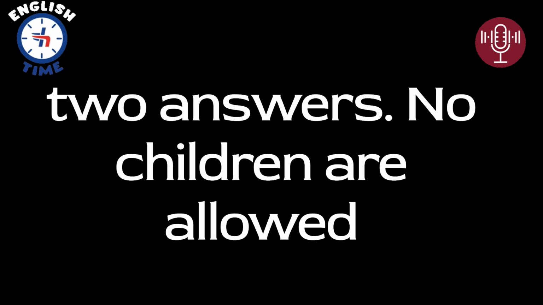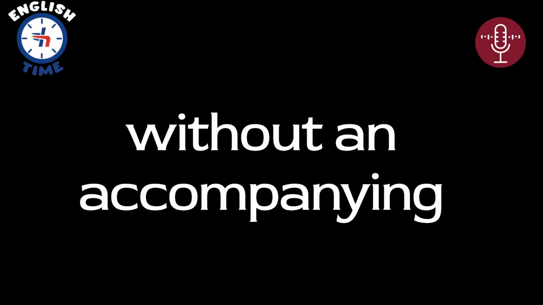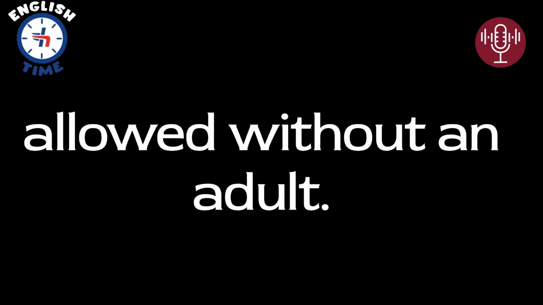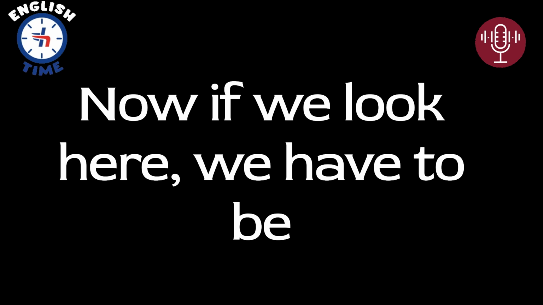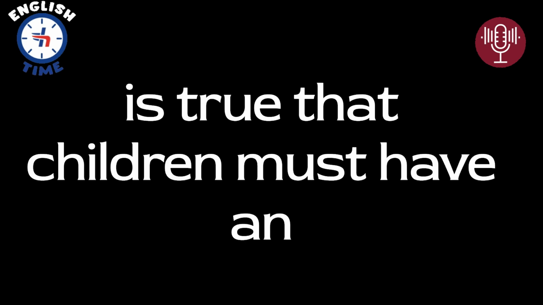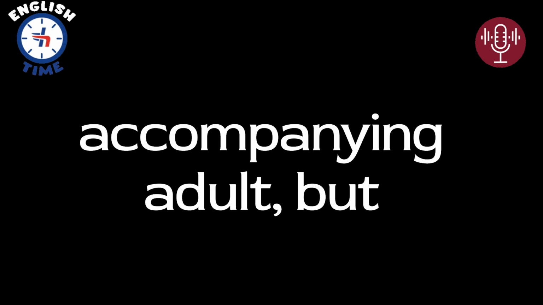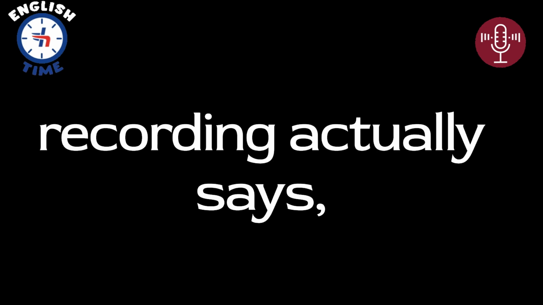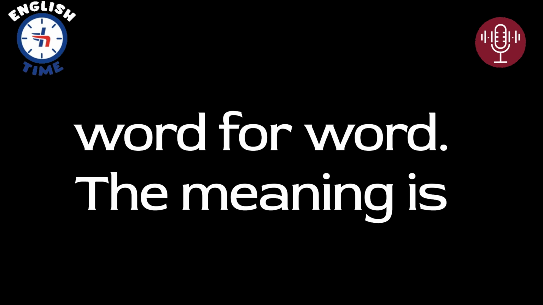Now, here are 2 answers. No children are allowed without an accompanying adult, or no children are allowed without an adult. Now, if we look here, we have "to be accompanied by an adult." So it is true that children must have an accompanying adult, but that is not what the recording actually says word for word.